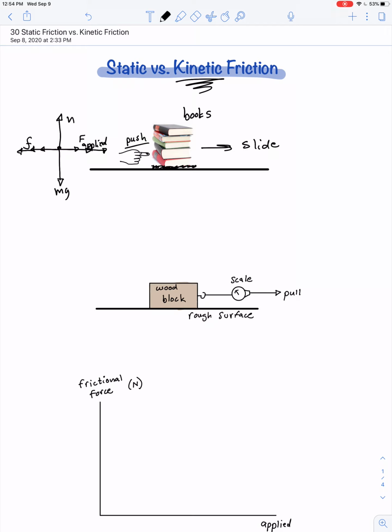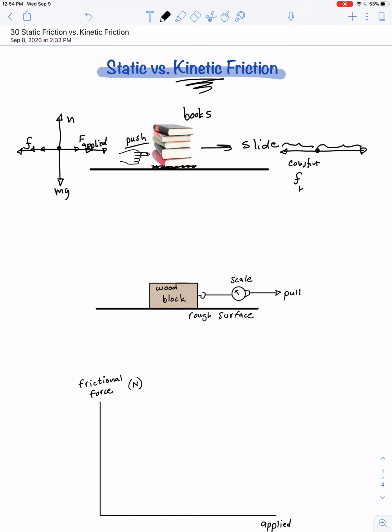And in that case, you could have a free body diagram that looks like this. The frictional force will have grown to its greatest value and then remain constant from there on out. Once the friction reaches the kinetic range, it now has a constant value regardless of how hard your applied force is. So you can have an applied force that's greater in magnitude than the constant kinetic friction.